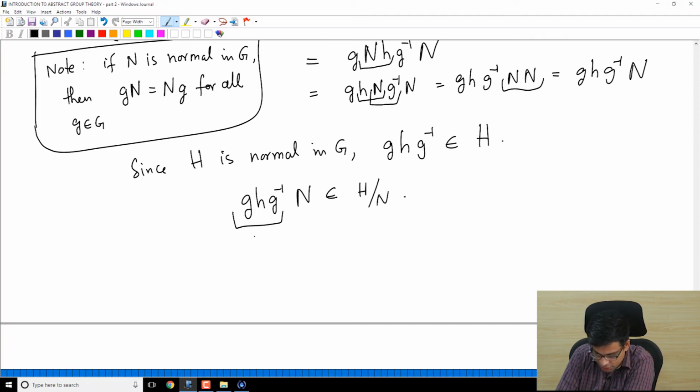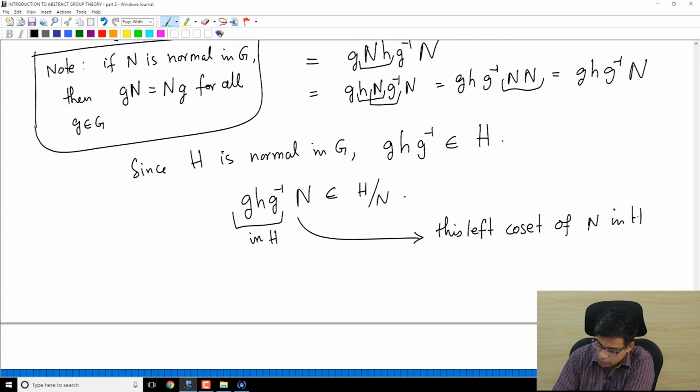Because this is in H, this is a left coset of N in H, which is by definition an element of H mod N.